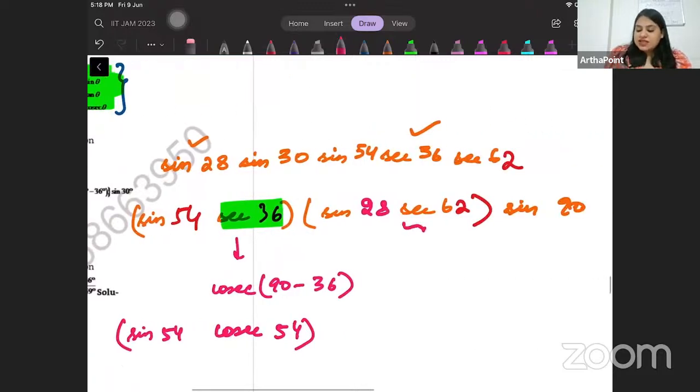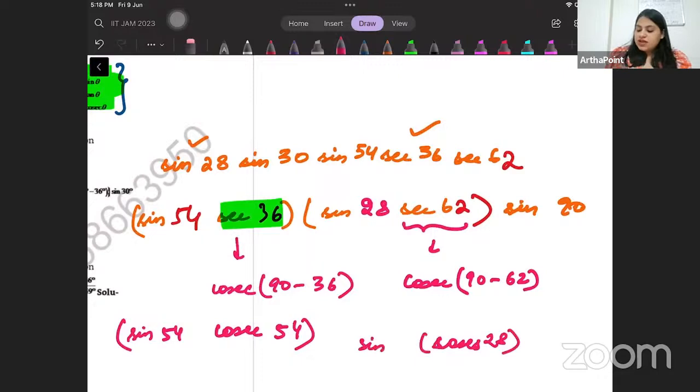Similarly, sec 62 will be cosec 90 minus 62, so it will be cosec 28 into sine 28. Finally, into sine 30.